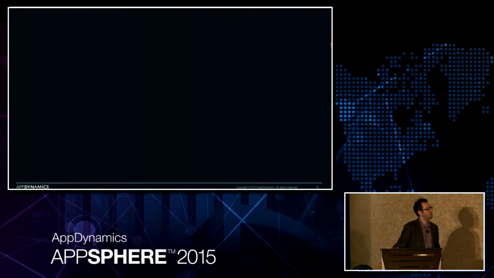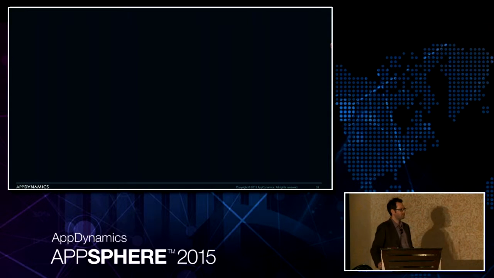I'm sorry, can you repeat your question? Where our virtual page data is hosted? So the way our architecture works is you put a JavaScript agent into the browser. That then instruments and collects virtual page data.